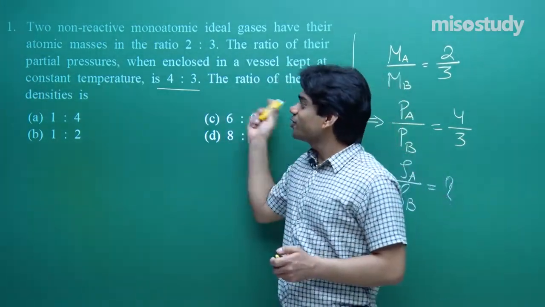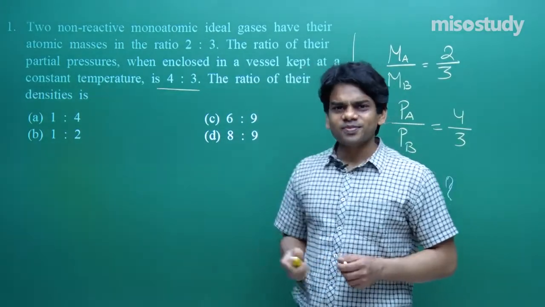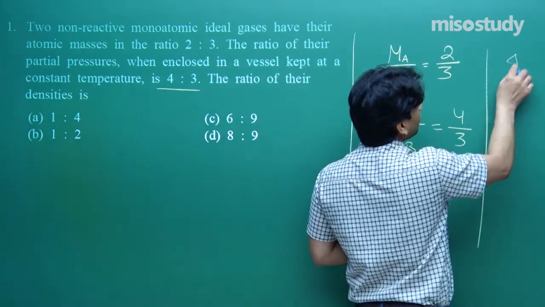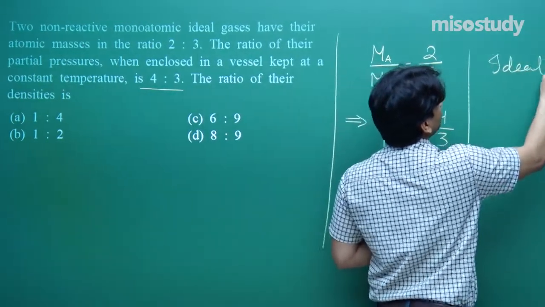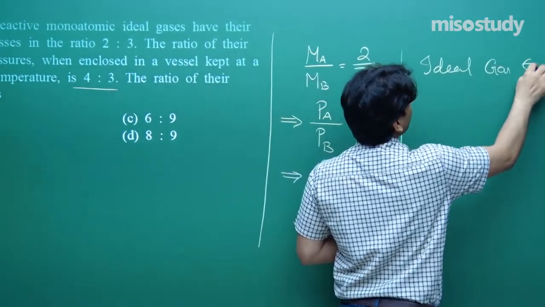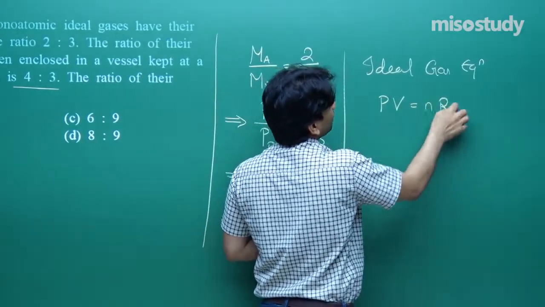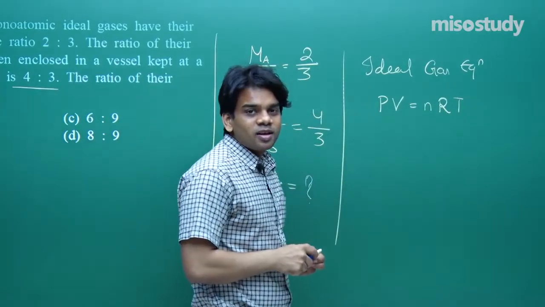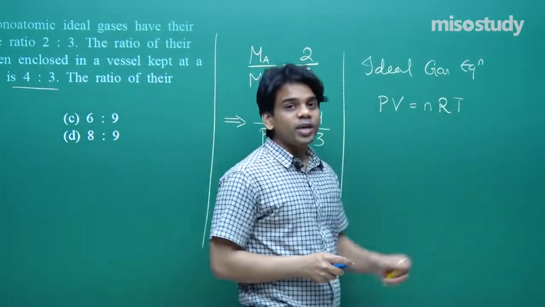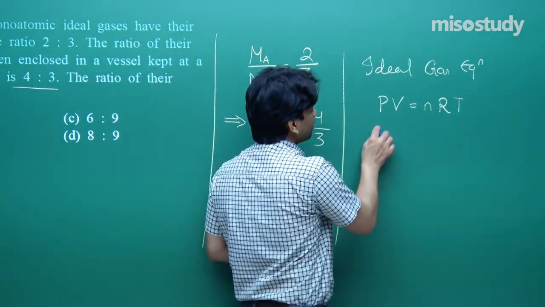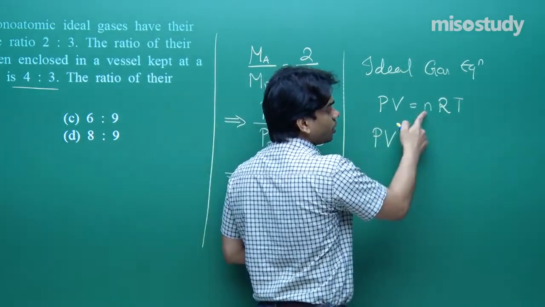Now before finding the ratio of the density, let me write down the ideal gas equation. The ideal gas equation says that PV equals nRT, we all know that. Now from this equation, how can we actually reach the density of the gas? For it, pressure into volume will be equal to n.